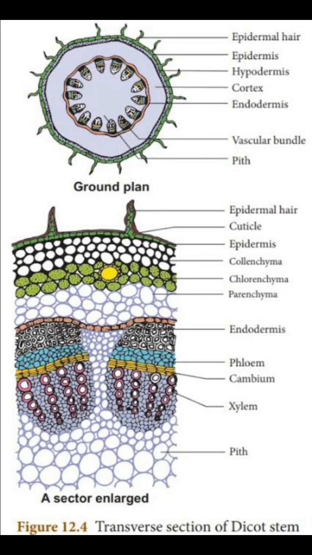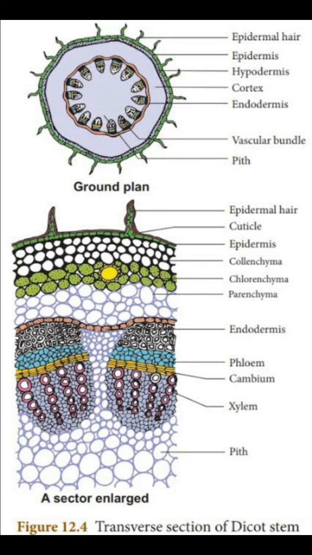The second zone is the cortical layers below the hypodermis, which consist of rounded thin-walled parenchyma cells with conspicuous intercellular spaces.